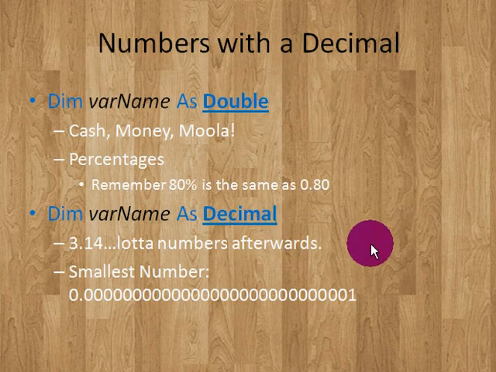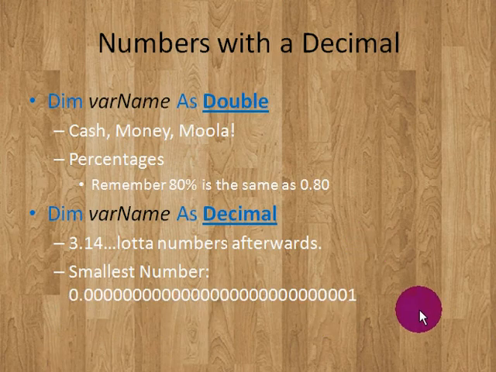So what happens when you use the data type called decimal? This data type is very special, very unique. For one, it can handle a decimal value where there are 28 places to the right of the decimal point.